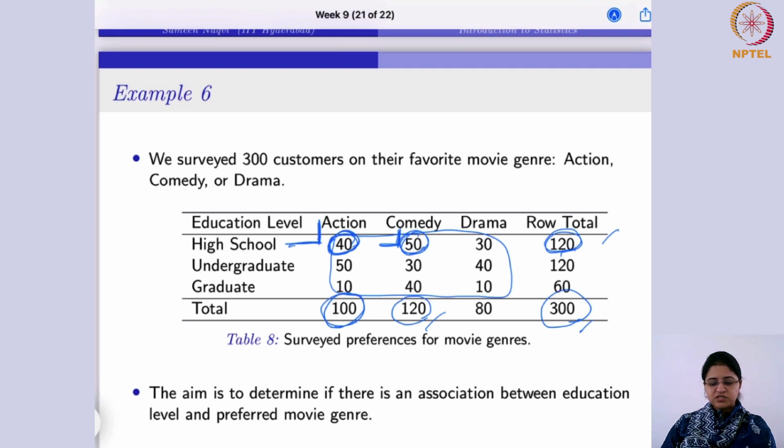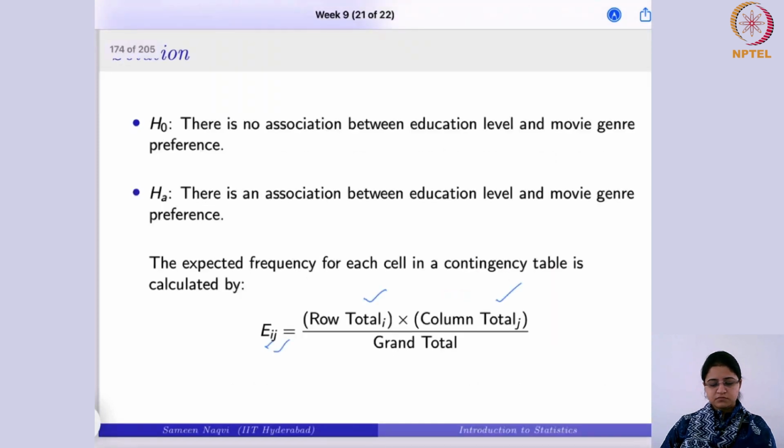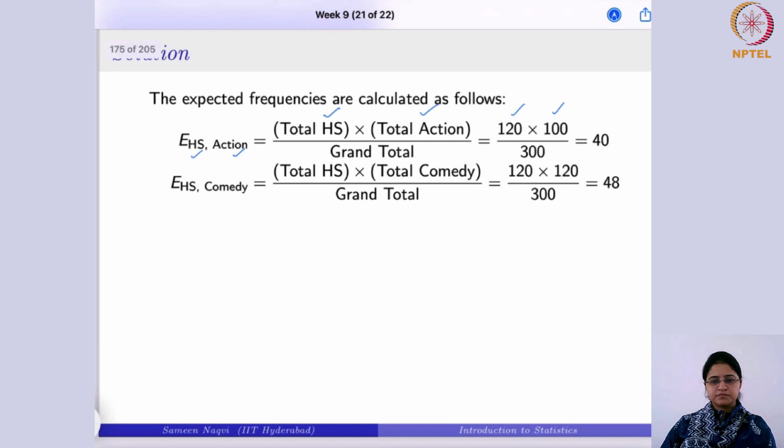For instance, if I have to calculate for 40 over here, 40 corresponds to undergraduate and drama. Okay, so here if I have to find the expected frequency, I will multiply 80 into 120. You have to multiply these two and you have to divide by 300 over here. So this is how you do it.